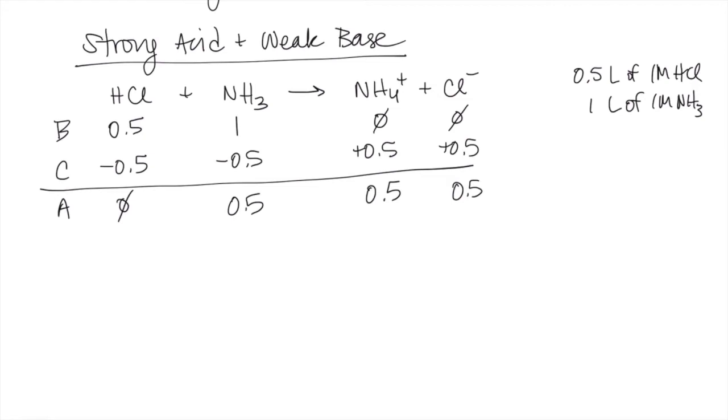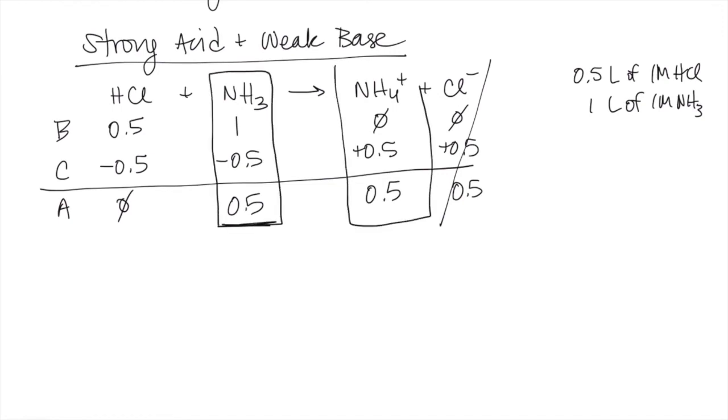I'm going to first get rid of Cl-, because Cl- doesn't have any acidic or basic activity in water. However, I notice I've got a combination of a weak base and its conjugate acid. This is, in fact, a buffer.